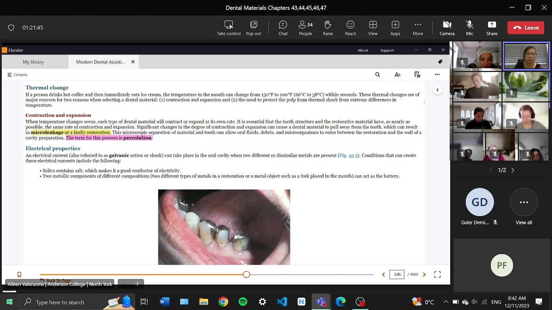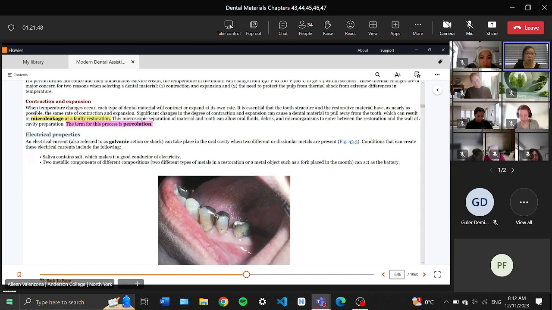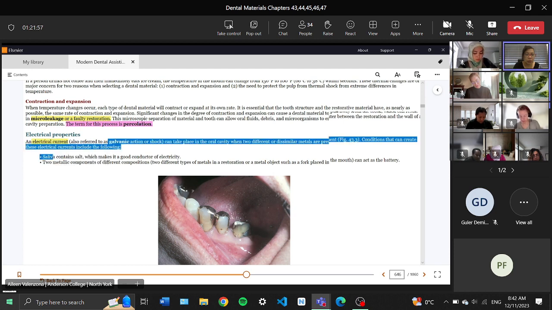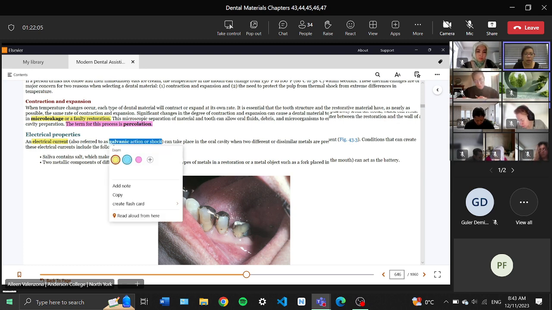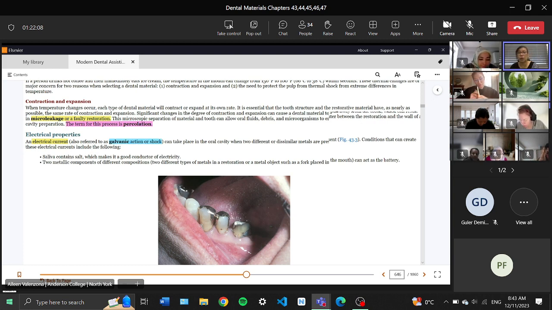Electrical properties. An electrical current, also known as galvanic action or galvanic shock, can take place in the oral cavity when two different or dissimilar metals are present. My example is you have an amalgam filling or a gold, stainless steel metal restoration or silver steel, touched by your fork when you are eating, then you can feel some shock.